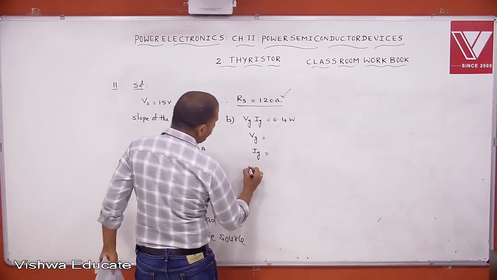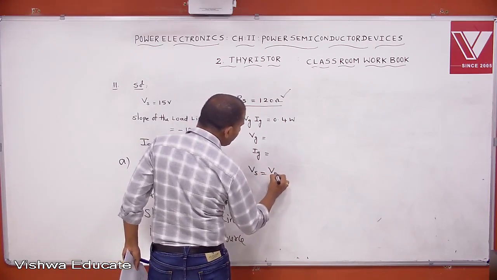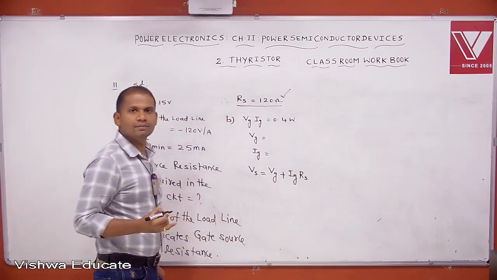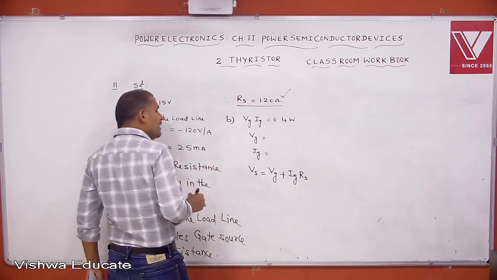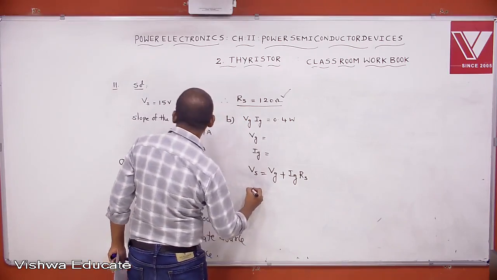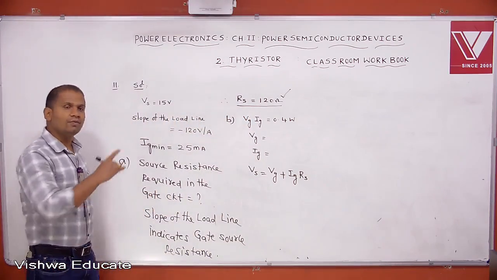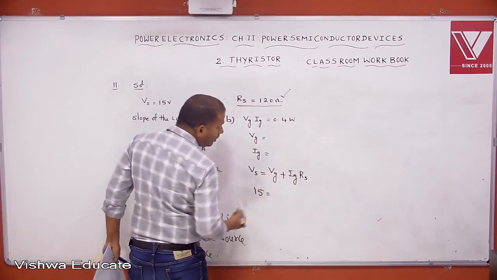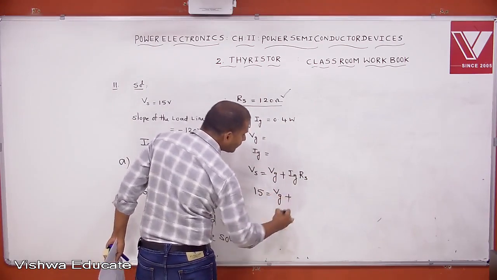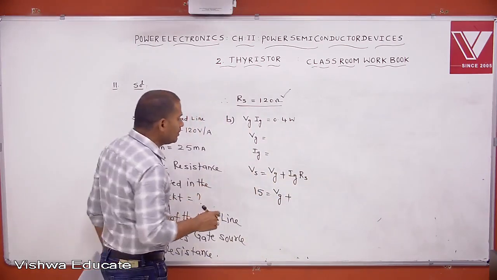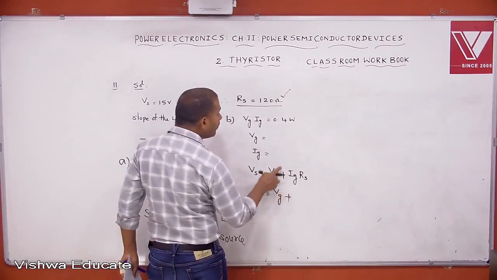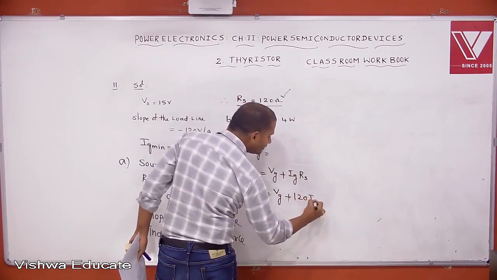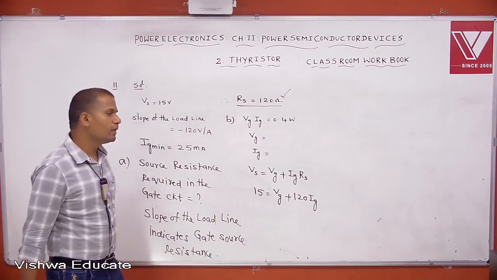We know that Vs equals Vg plus Ig into Rs. Vs, the gate supply voltage, is given as 15 volts. So 15 equals Vg plus Ig times Rs, and Rs you calculated as 120, so 15 equals Vg plus 120 Ig.